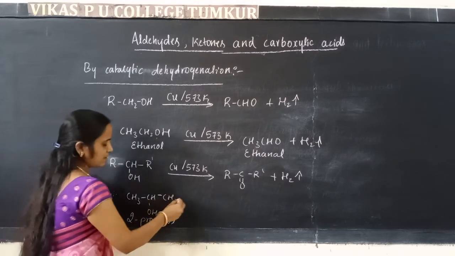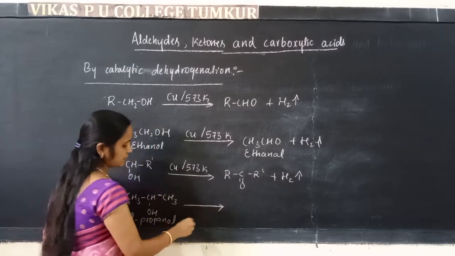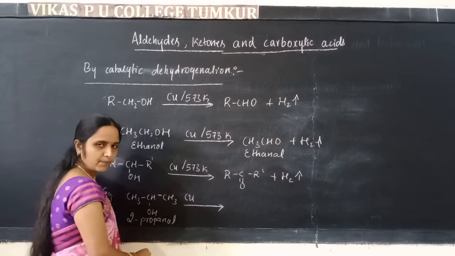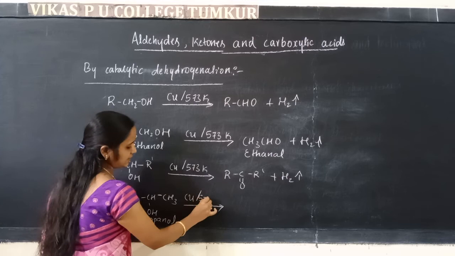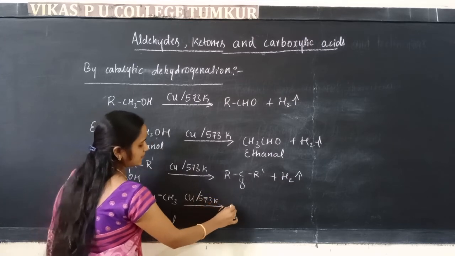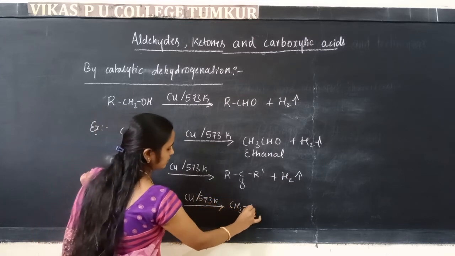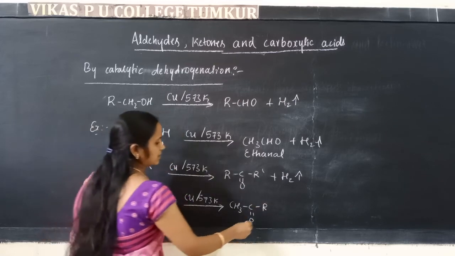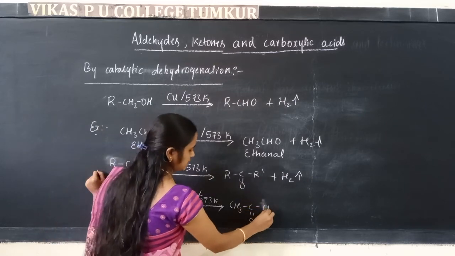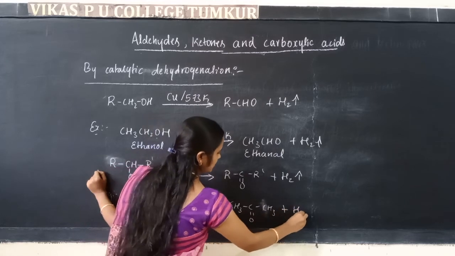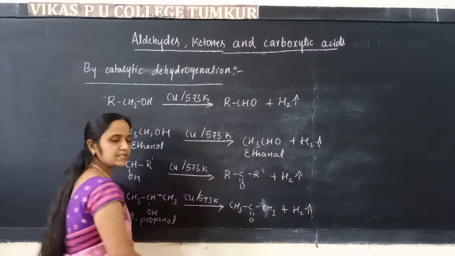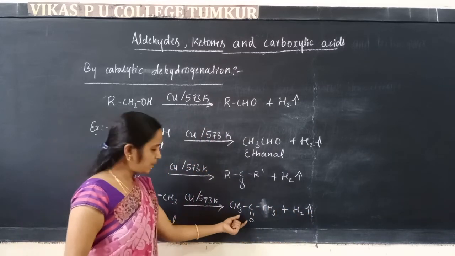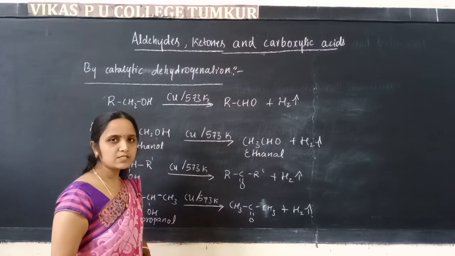This on passing through red hot copper at 573 Kelvin gives a ketone. The name of this compound is propanone.